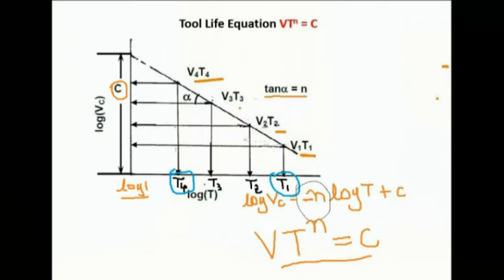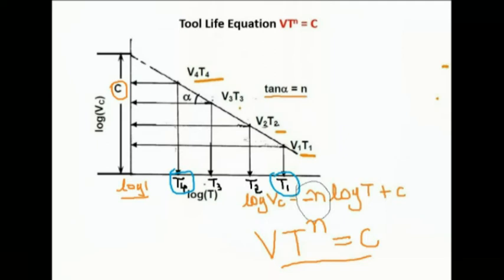Here c is the constant, and that constant depends upon the workpiece and tool material combination, that is the intercept, whereas n is the machining exponent that depends upon the type of tool material.